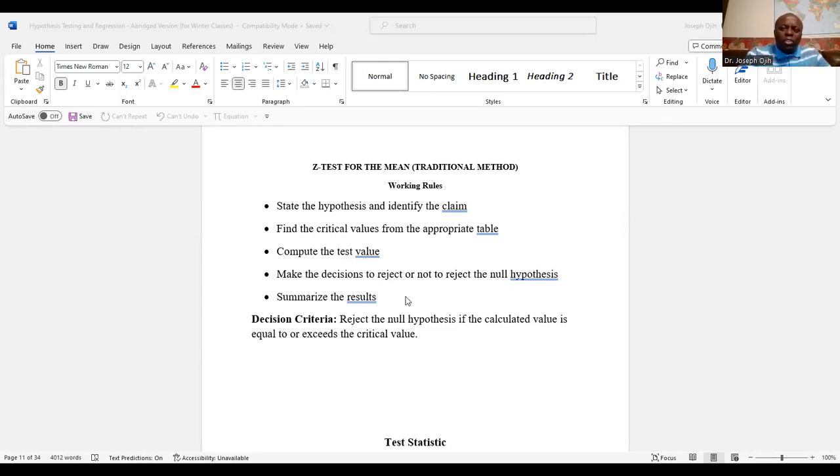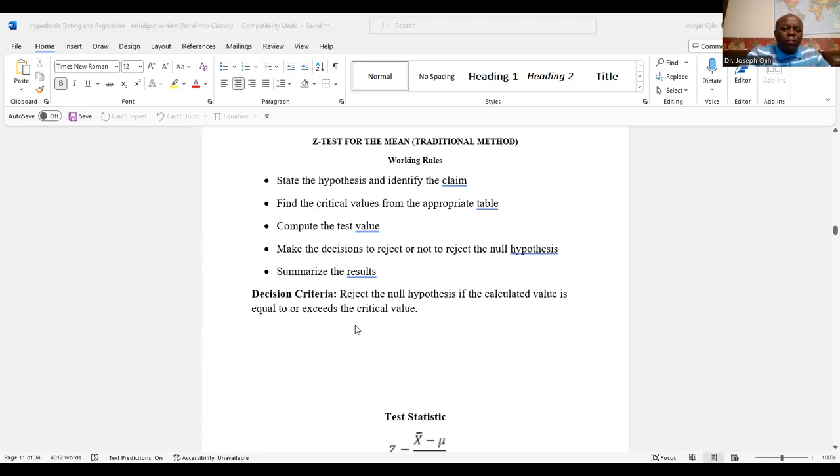Now, how do we reject or not reject? The criteria for rejecting or not rejecting the null hypothesis under this method is as follows. You reject the null hypothesis if the calculated value is equal to or exceeds the critical value.